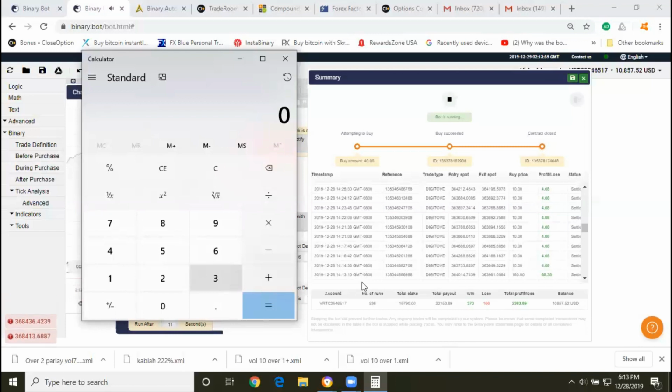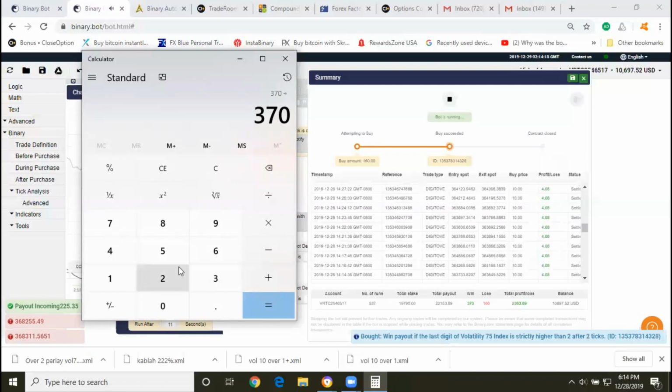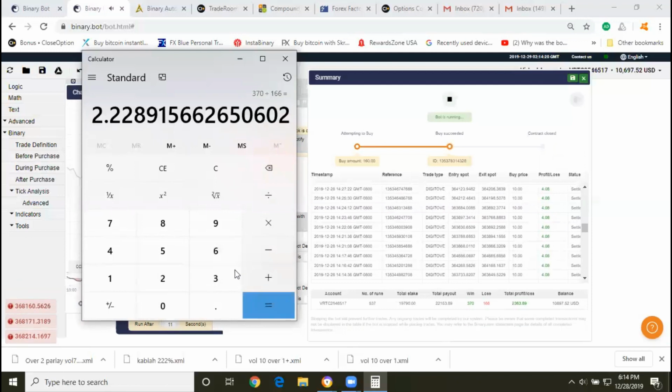So pretty much this strategy is having something like, right now the number of runs I've been running this for is 536 trades. Okay, 370 wins, 166 losses. So this thing on its own is winning 2.2 times more than it's losing.